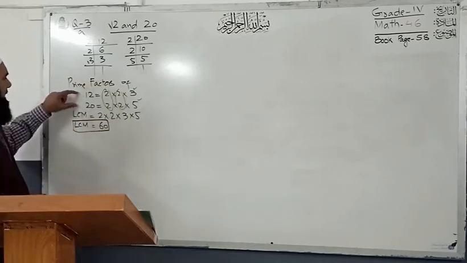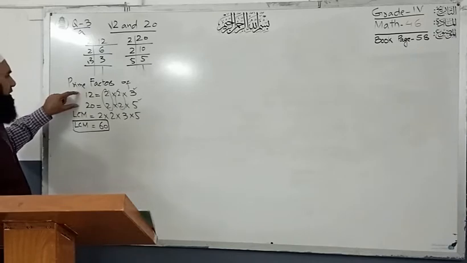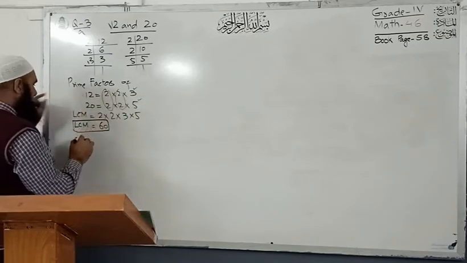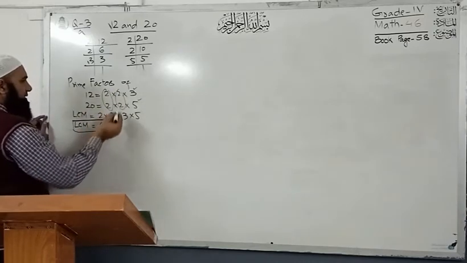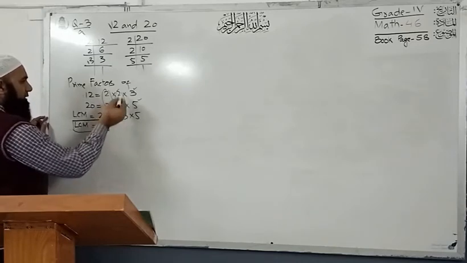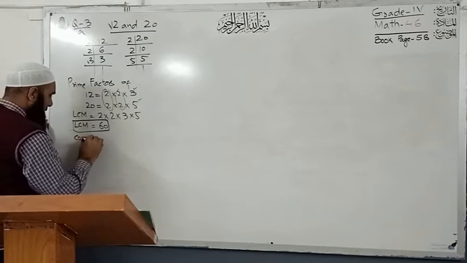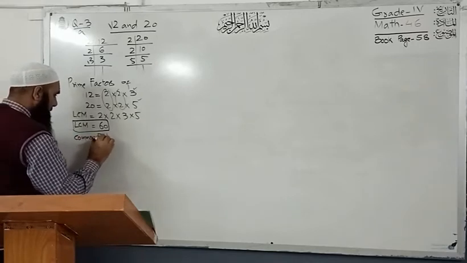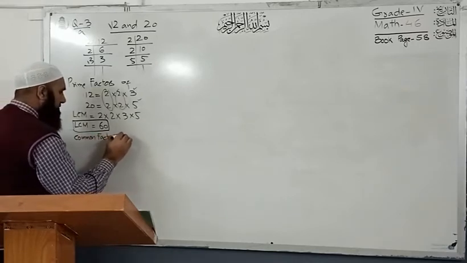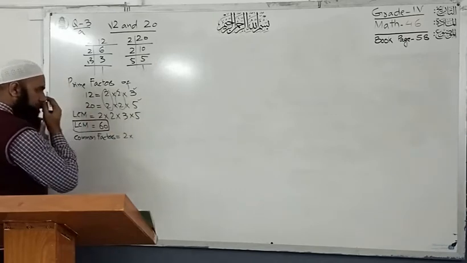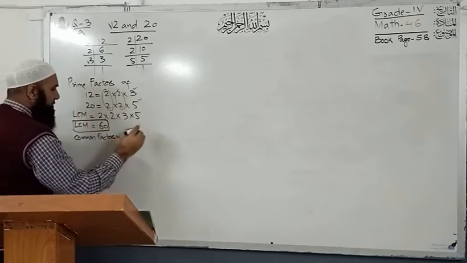Okay? Now write the common factors from these prime factors of 12 and 20. What are the common factors? Common factors are 2 and 2. Take one from each, so 2 multiply 2.